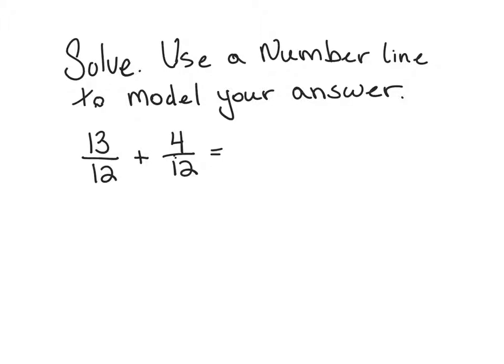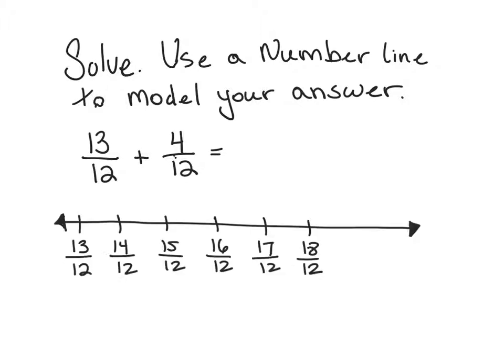So again, we're going to create that number line, and it's going to be into twelfths. All right, so I created a number line, and I started it with 13 twelfths. And the reason why I did that, why waste all the time by starting from 0 twelfths all the way to 13 twelfths if we're not going to be beginning at 0 twelfths or even close to that? So I'm starting my number line at 13 twelfths. And I'm going to be moving up this way because we are adding.